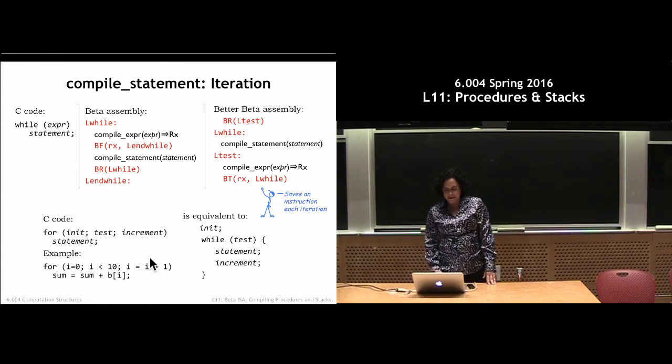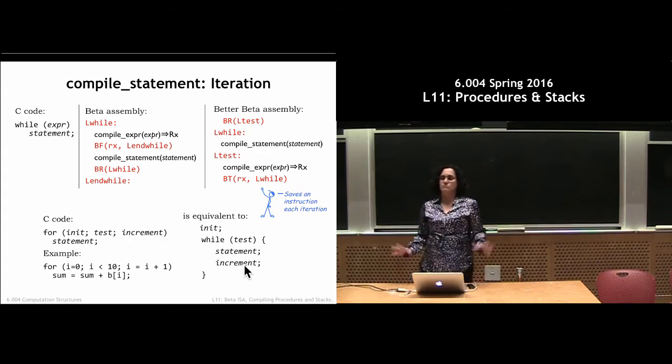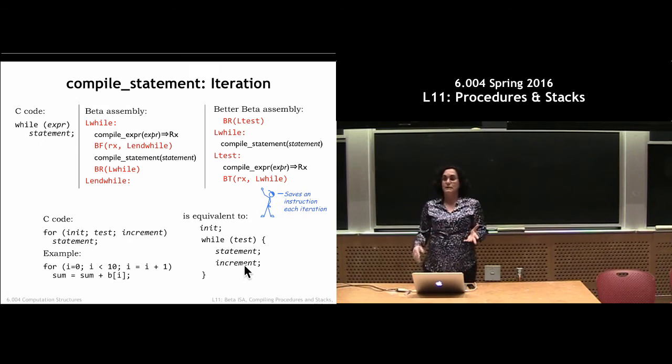And so you can very easily translate this into, first you do your initialization, and then you convert it to a while with this test statement, which is this I less than 10, or the thing that goes here in the middle, then execute the statement and follow that by your increment, okay? And so in this way, we now know how to assemble for loops as well, okay? So we basically have these templates. We now know how to create our assembly code for loops, while loops, if statements, and any kind of basic expressions.